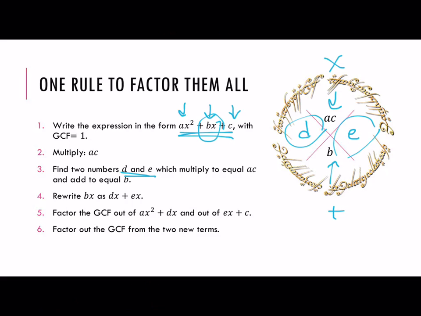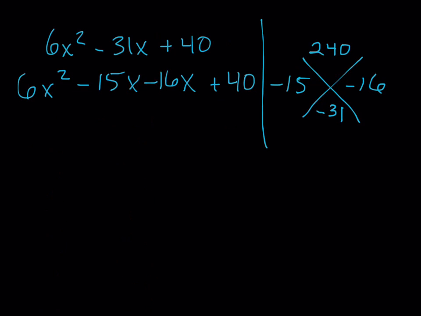Okay, and then the next step is to factor the greatest common factor out of these pairs of terms. So I'm going to look at 6x squared minus 15x first, and then negative 16x plus 40.